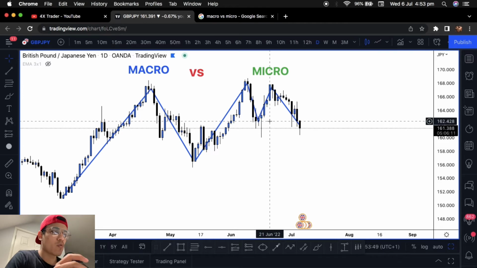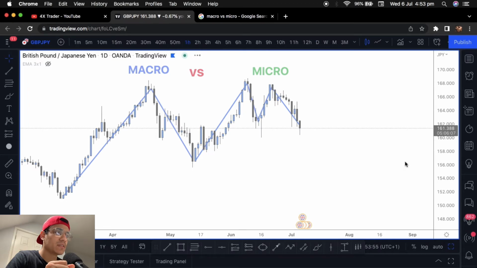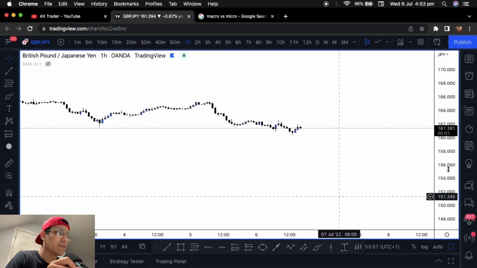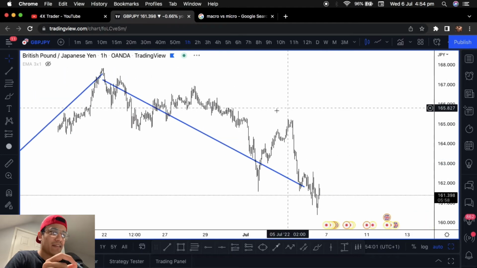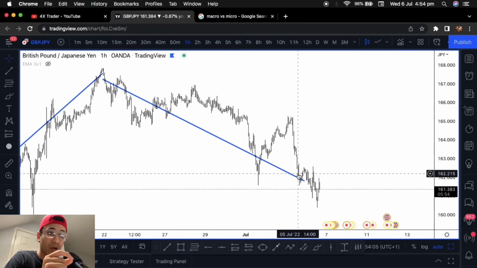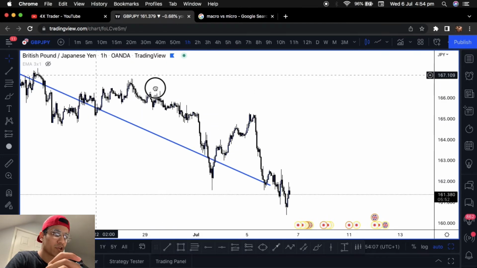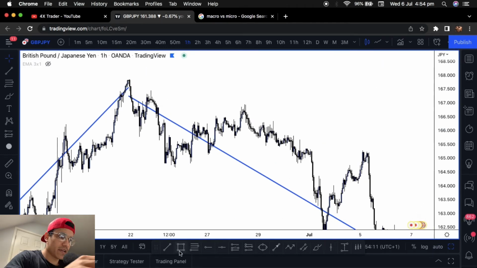Now you ask yourself, where's micro then? Micro is when you go down to something like the 1 hour time frame, right? And what will happen is you're gonna see, look at that. On the daily, the macro market structure is just the one push. But when you look at this 1 hour micro, here's what you see.